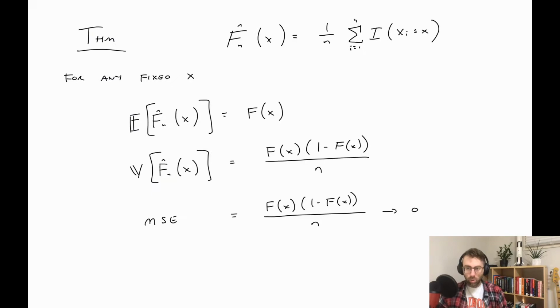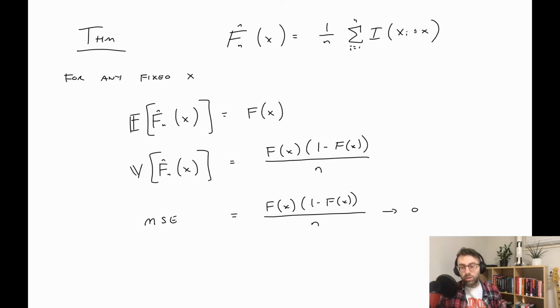Okay, so this empirical distribution function has some really nice properties. For a fixed x, the expected value of the empirical distribution function is the value of the actual distribution function. The variance of the empirical distribution function evaluated at some value x turns out to be this expression we see here.